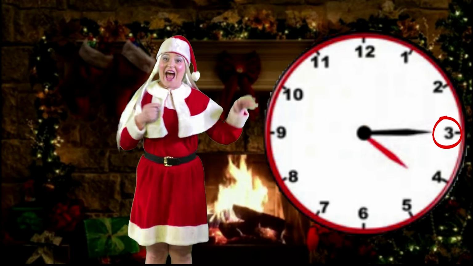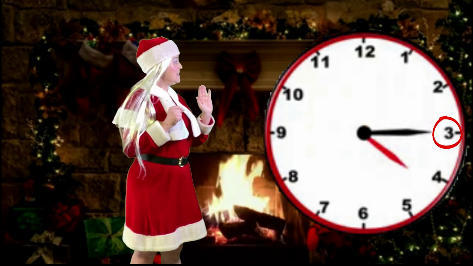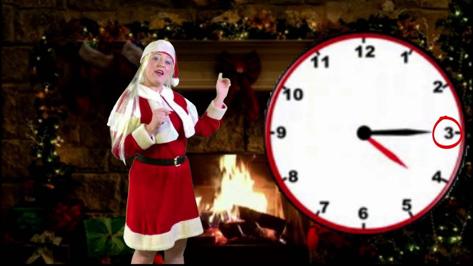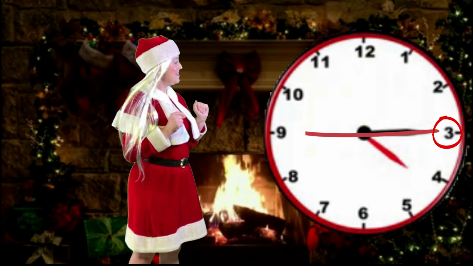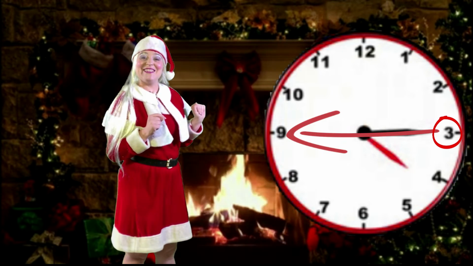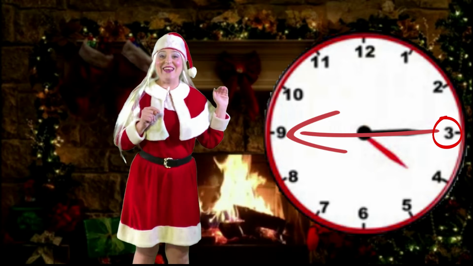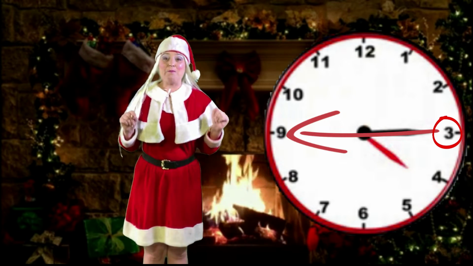When the minute hand is pointing at the 3, it is quarter past. So, if we go halfway around the clock from quarter past, we end up pointing at the 9.